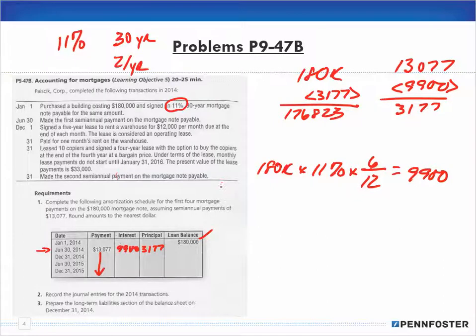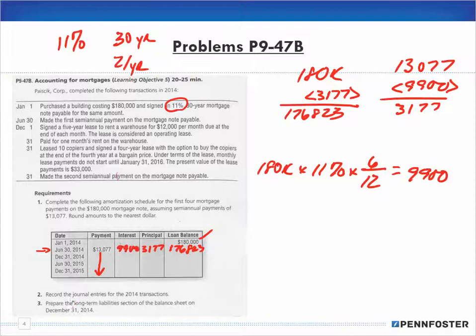So with that said, this here is $176,823. Now, when I alluded to exercise 9-31B, we did the same exact thing here, but I didn't go through the entire table.